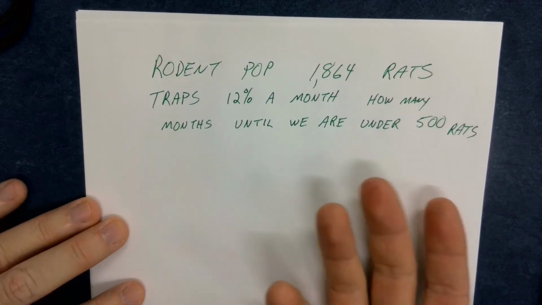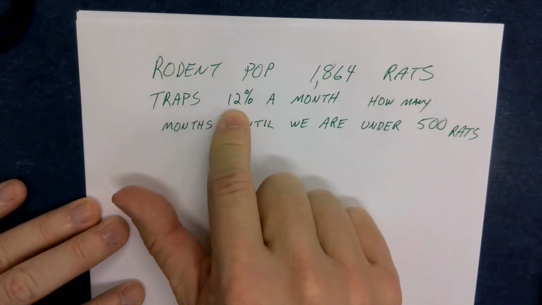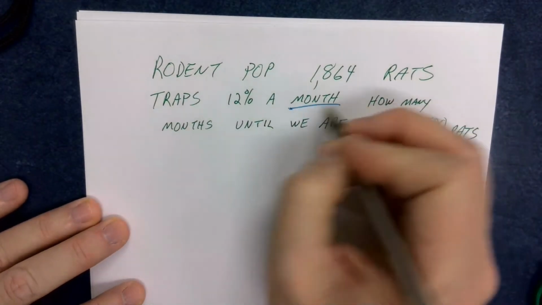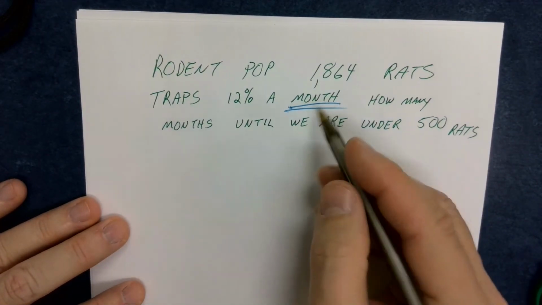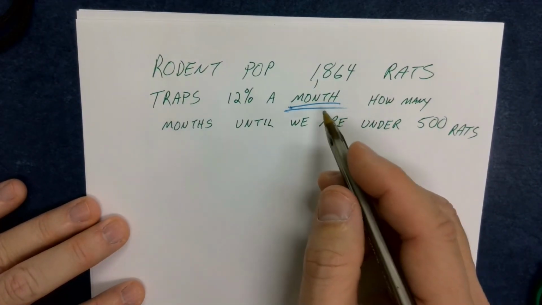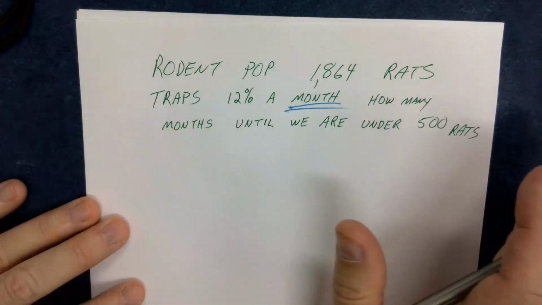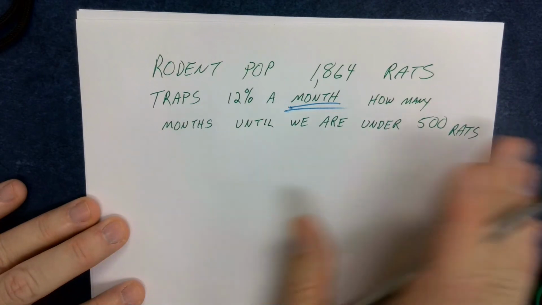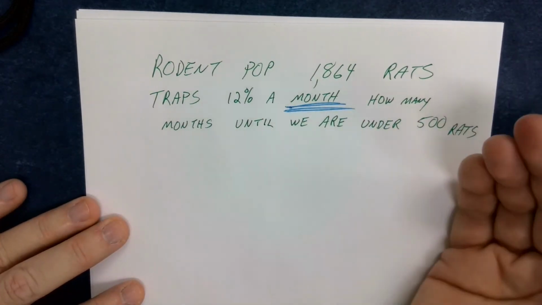So that would be an exponential situation, because we know the percentage changes per month. Now, some of you are going to freak out right now because you saw the word month and you're like, oh, I got to use that compound interest formula. No. That just simply means that this is our time period.